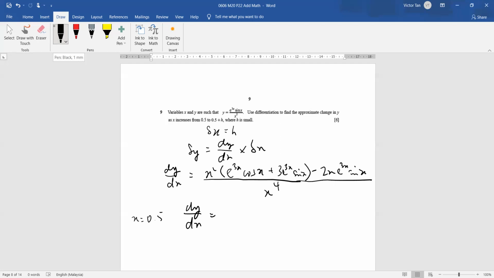Okay, it's going to be a bit longer. Change the mode to radian.